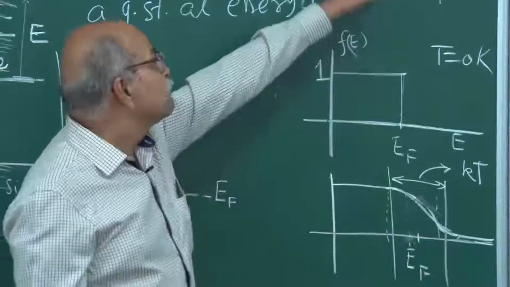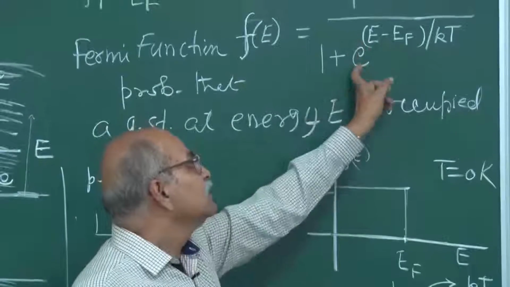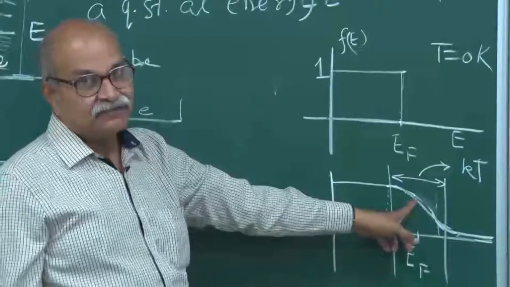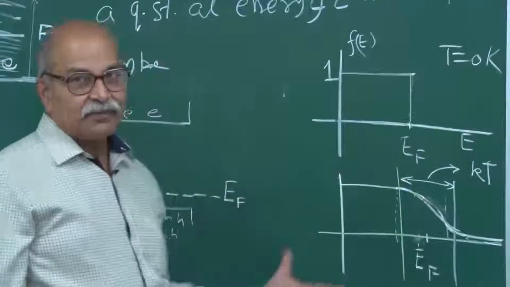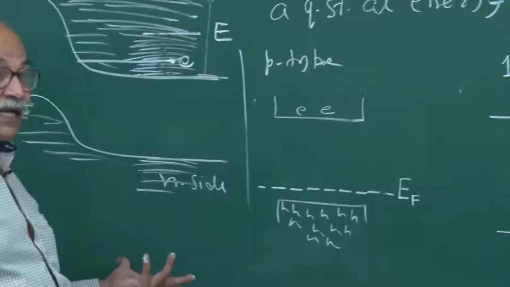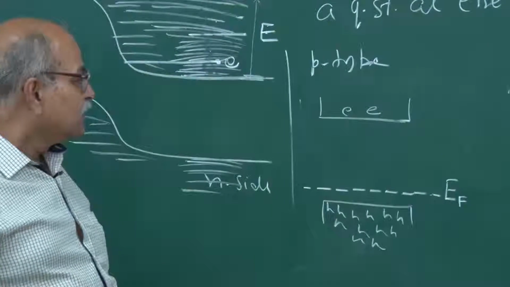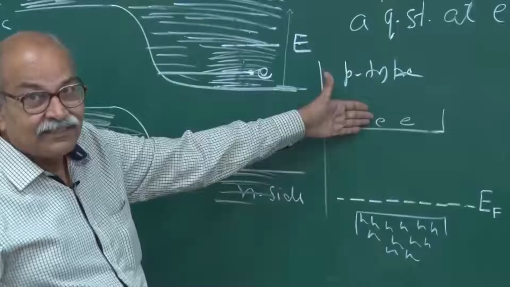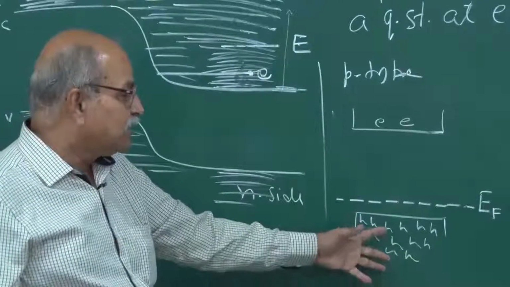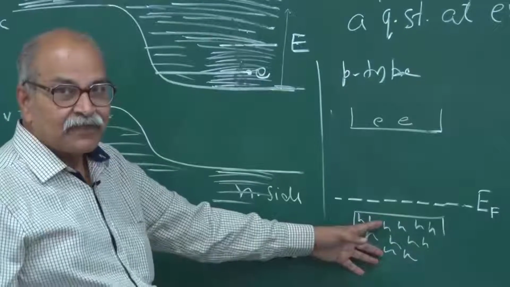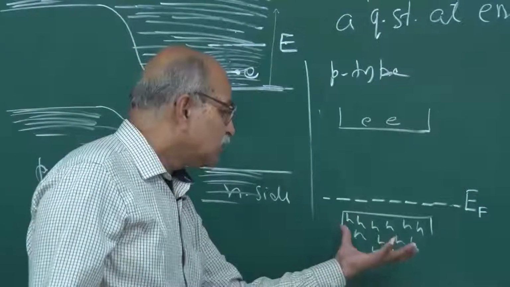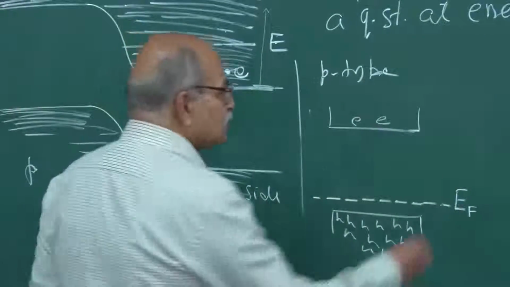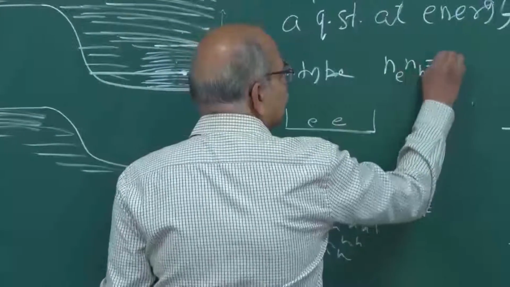Right at EF, if you put E equal to EF, then you get e to the power 0, which is 1, so 1 by 2. So if you are right here, the probability is half, and if you are close to it, the probability is not half, but still a sizable probability. So lots of holes are here. Very few electrons are there, even fewer than in the intrinsic case. You know that when you put in p-type impurity, not only do you have a large number of holes, the electron number Ne also goes down, because Ne times NH is equal to Ni squared.